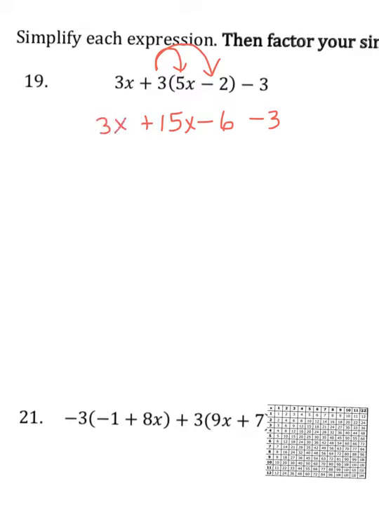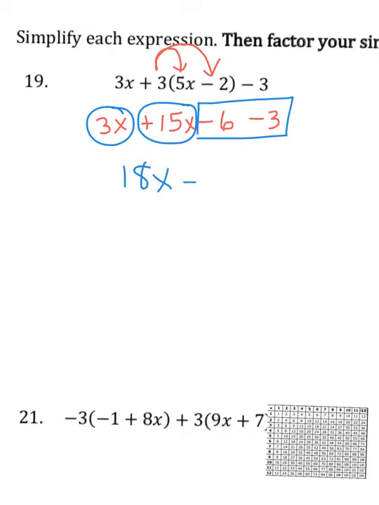Okay, so now I have x, 3x plus 15x is 18x. Negative 6 plus negative 3 is negative 9. What can I factor out? I think I can factor out that 9.